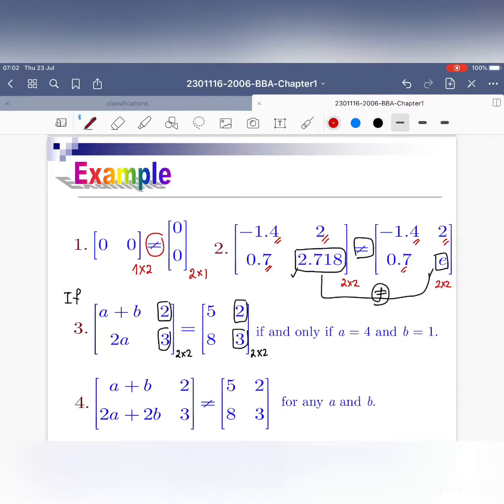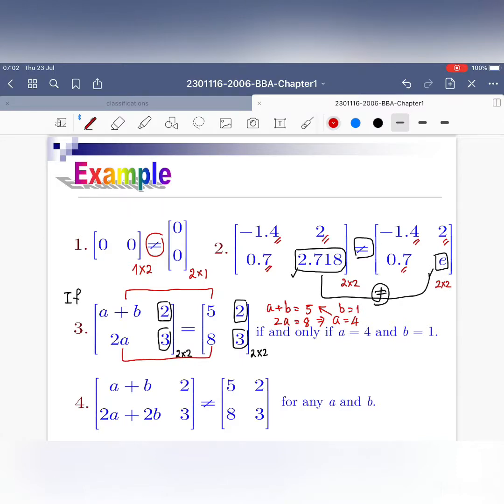So if they are going to be the same, this one must be equal, so A plus B must be 5, okay. By the same token, this one must be equal because they have the same position, right? So 2A must be 8. So you can solve the second one first to get A as 4, and as you get A is 4, then you go back to this one, B is 1, okay.